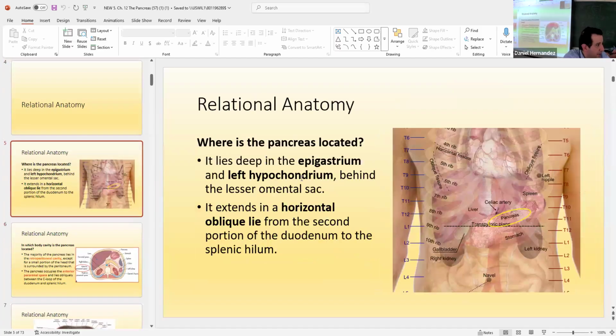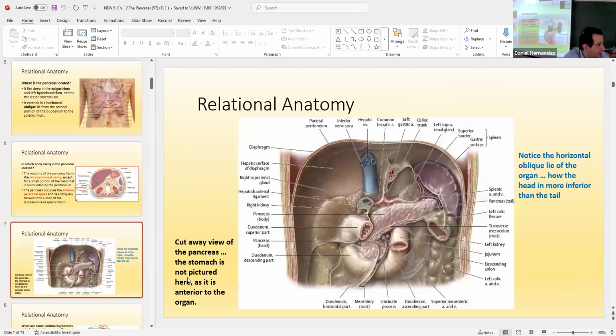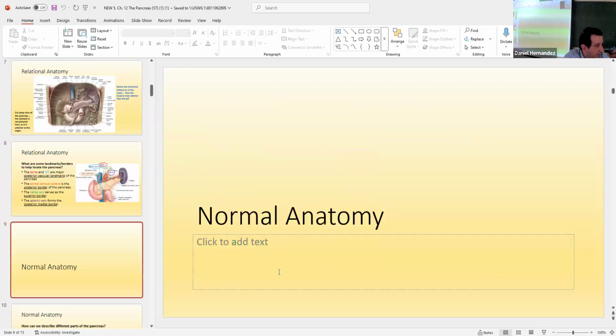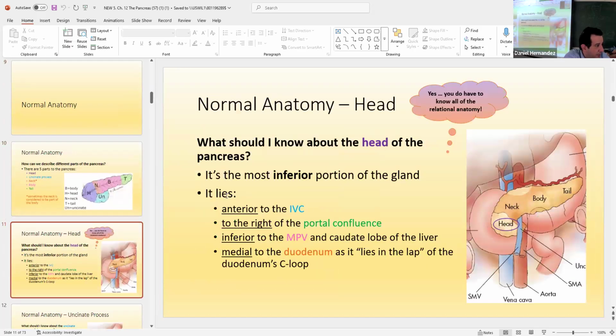Yeah, so these couple of slides with the relational anatomy. Particularly know your vascular landmarks, and with relational anatomy, what serves as some of the borders. And then if you want to break it down, the head.